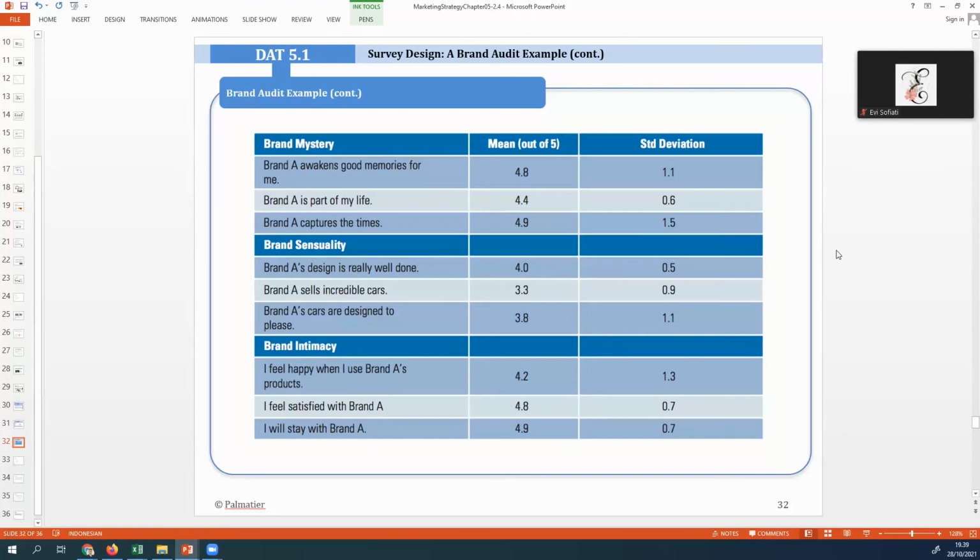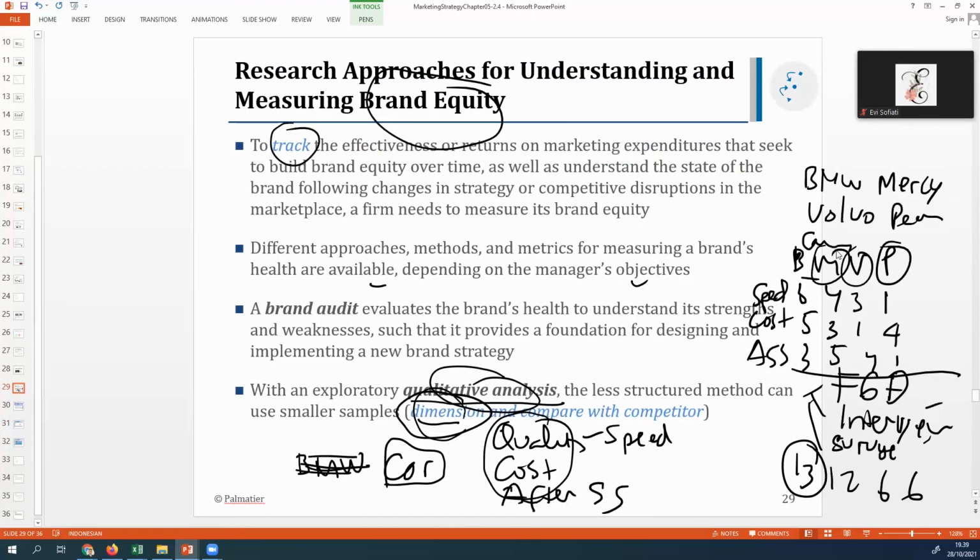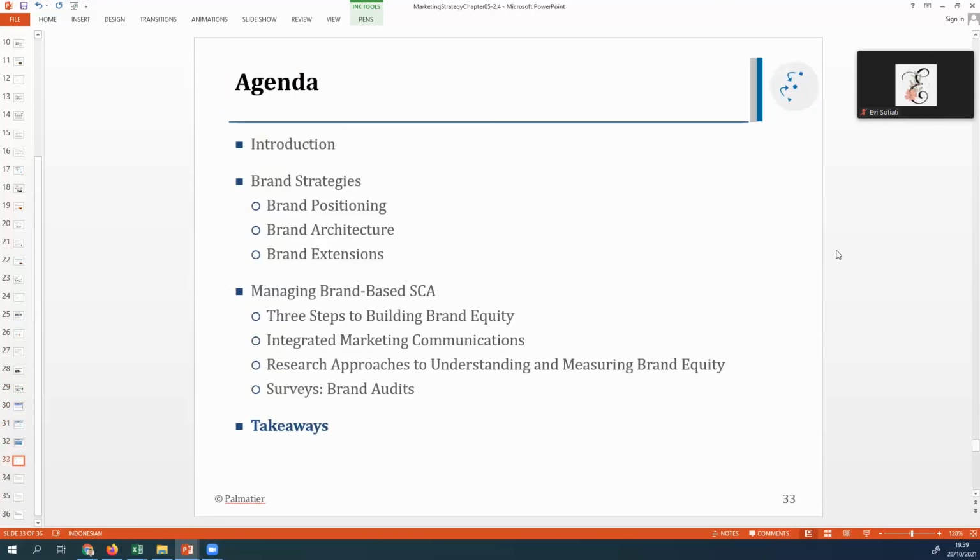So to identify the brand equity relative to the others. Right, that is all on the branding strategy.